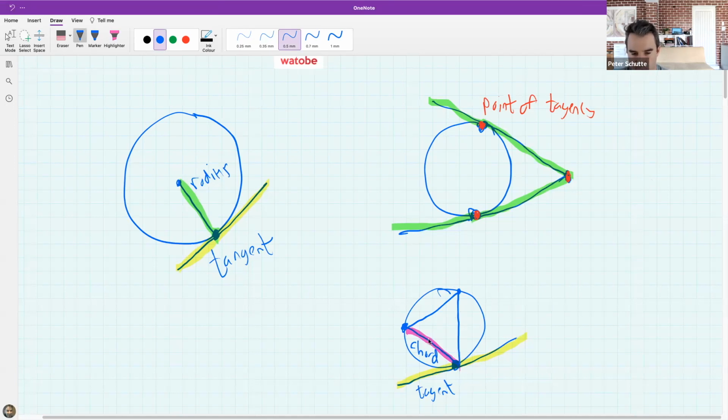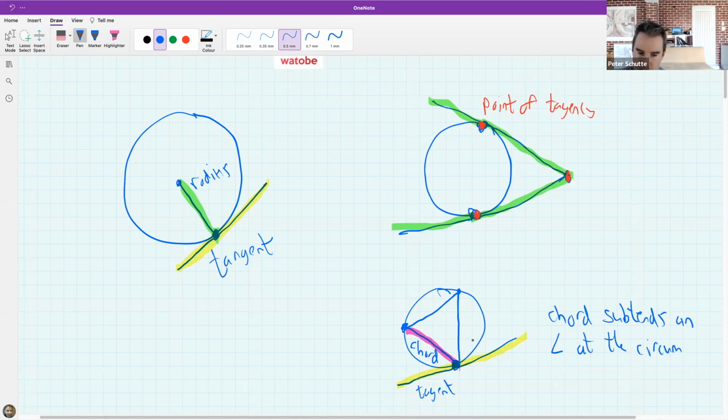So the fancy word we say here is that the chord subtends an angle at the circumference. So the angle at the circumference is this one here. The chord is subtending or building the angle.